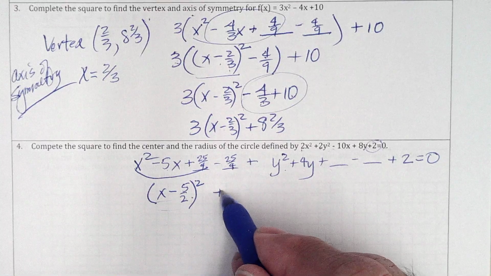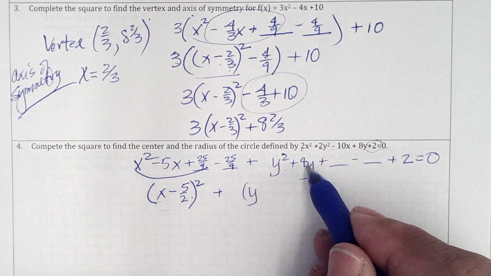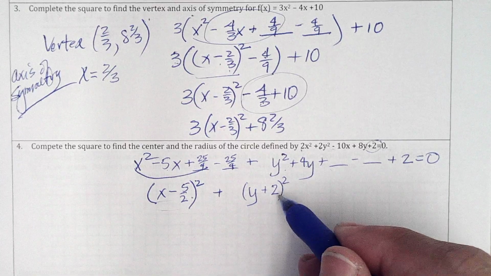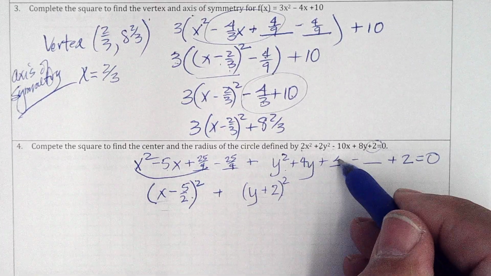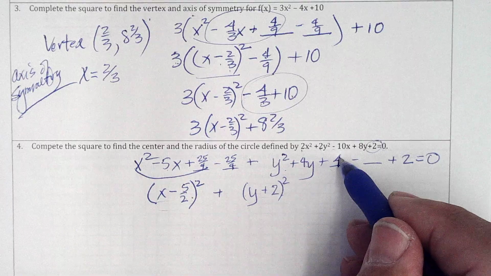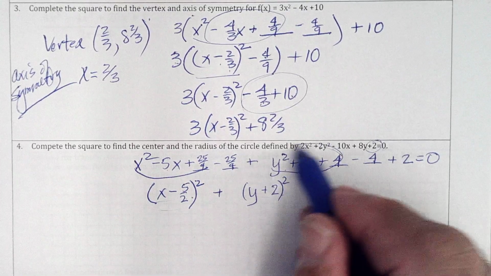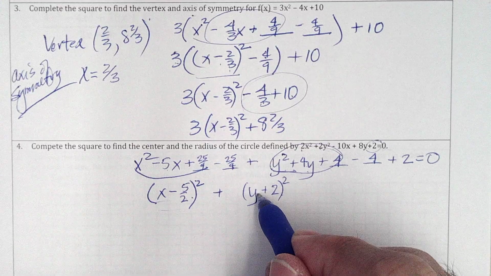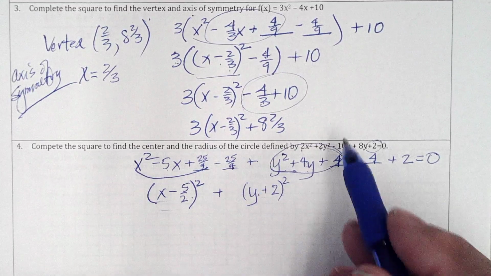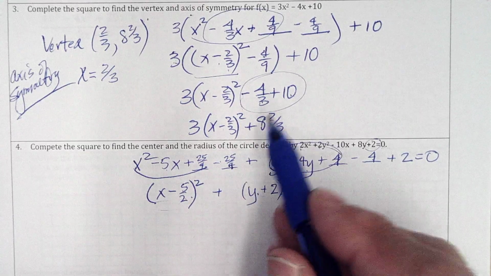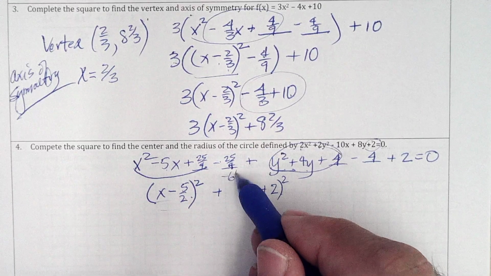This would be y, half of 4 is 2, y plus 2 squared. But this multiplied out would create a 4 here. 2 times 2 is 4. So I'd have to subtract the 4. So what do I have left? Let's see. Negative 25/4 is negative 6 1/4.